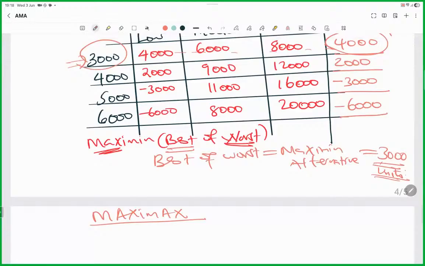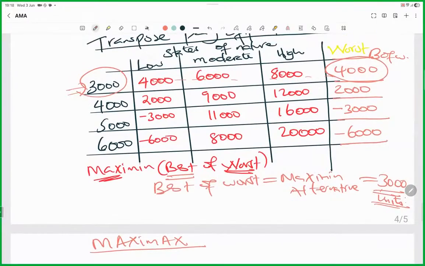Because of my space, I want to wrap this last column. I want to wrap the last column here, so then I'll be able to pick my rubber.